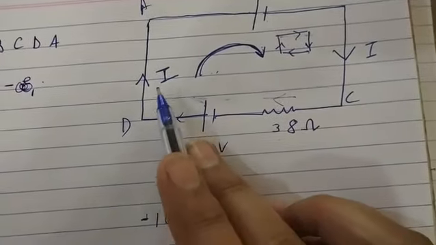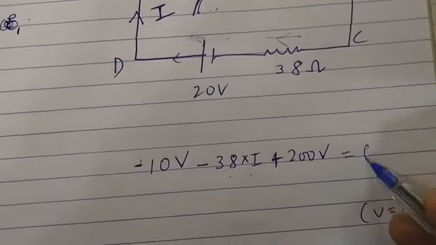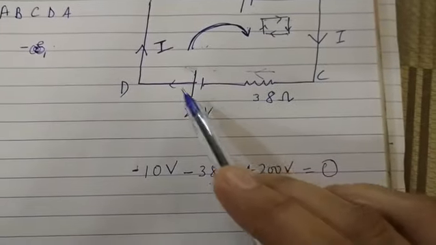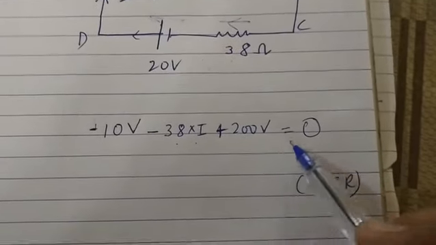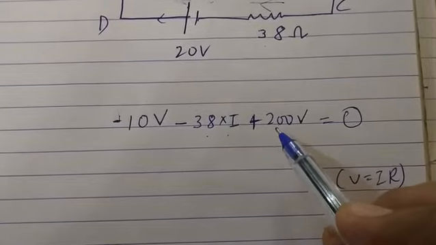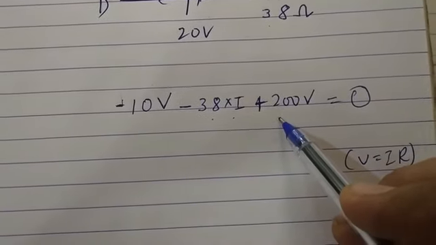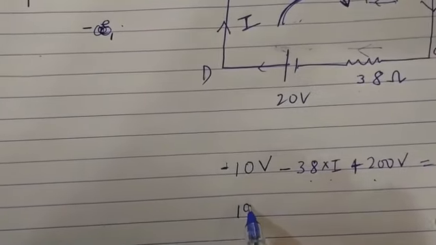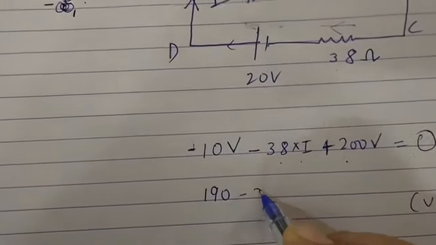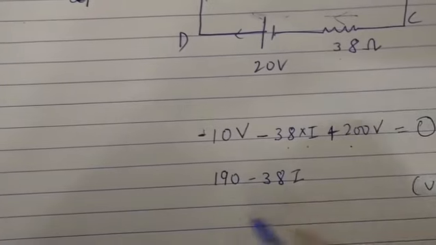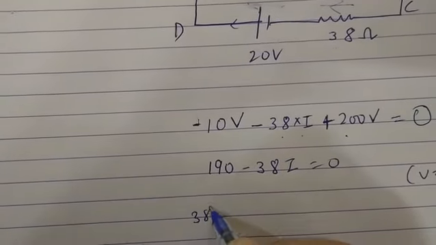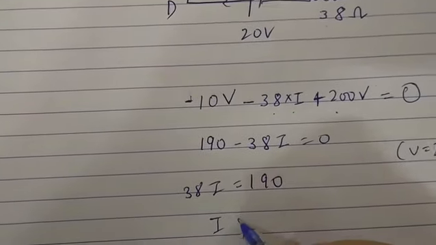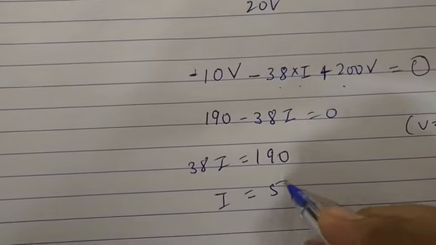Here current I, and this must be equal to 0, since the sum of potential differences across all the elements in the closed loop must be 0. 200 minus 10 is 190, so 190 minus 38I is equal to 0. 38I is equal to 190, so I is equal to 5 ampere.